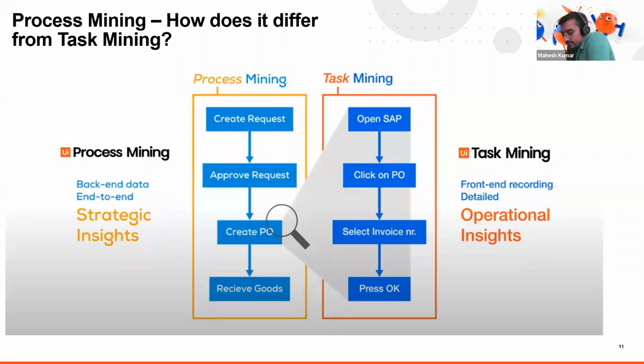So I have one question about these insights. You are mentioning that process mining is giving the strategic insights and task mining is giving the operational insights. As far as I understood from this discussion, this is the first session for me on process mining, but I have a couple of questions. Task mining is going to discover the bot, whether we need to automate or not, right? So where exactly are we applying process mining, maybe on the COE and automation hub?